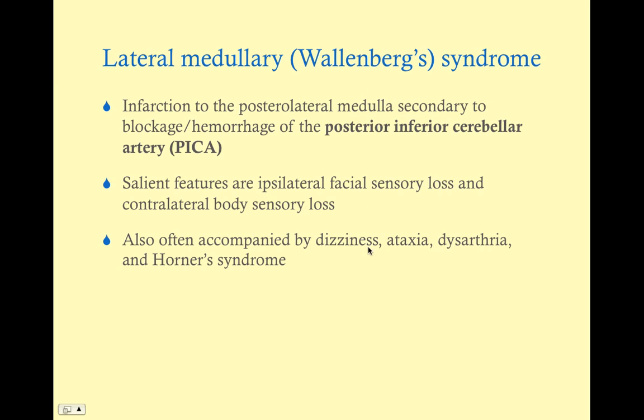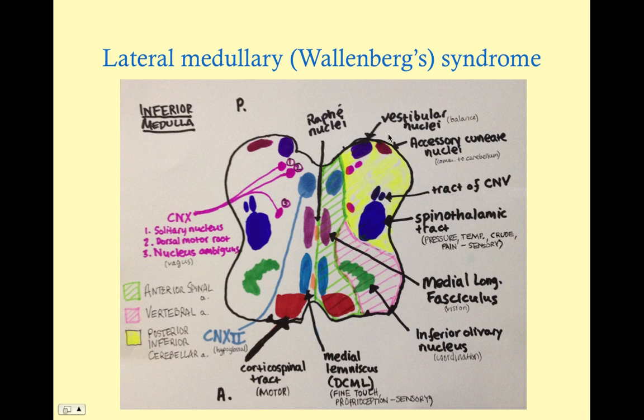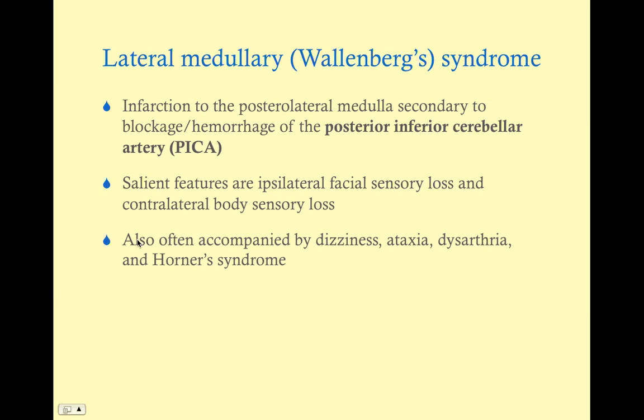So if that's affected, that causes your dysarthria. Now your dizziness and ataxia are caused by a loss of the vestibular nucleus here, and this helps you with balance. Okay. But as far as Wallenberg syndrome, just remember ipsilateral facial loss, contralateral body sensory loss.